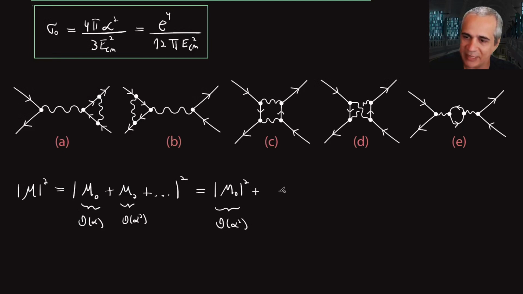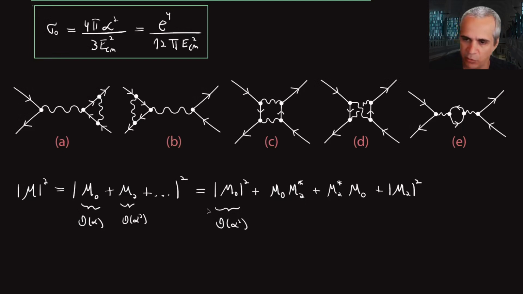But the next to leading order is not this guy squared, right? There's also cross terms. There's actually this thing right here, M0 times M2 complex conjugate plus M2 complex conjugate M0, right? And then you have M2 square.